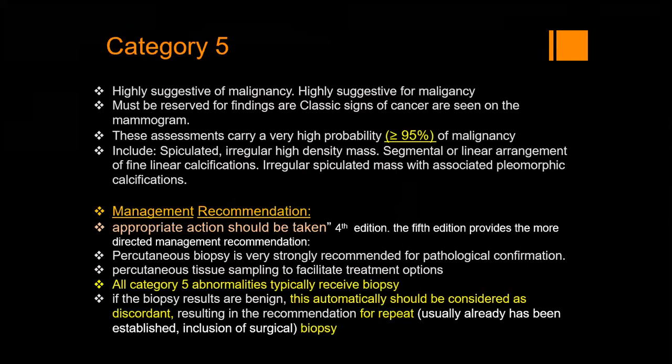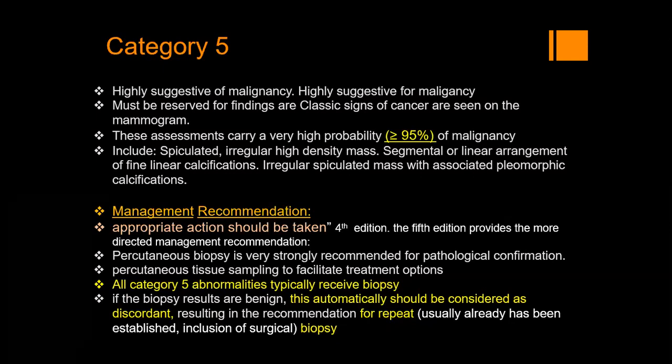It includes spiculated, irregular high density mass, segmental or linear arrangement of fine linear calcifications. If you have fine linear calcification in a linear or segmental arrangement, it will be BI-RADS 5. An irregular spiculated mass with associated pleomorphic calcification will be BI-RADS 5. So combinations of highly suspicious features will upgrade the lesion to BI-RADS 5.